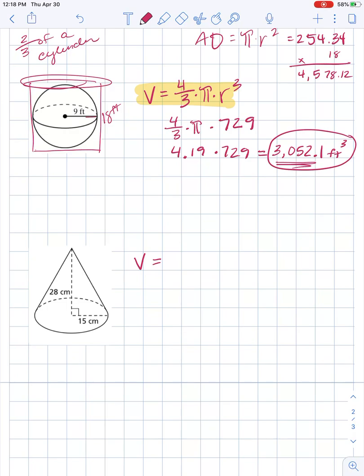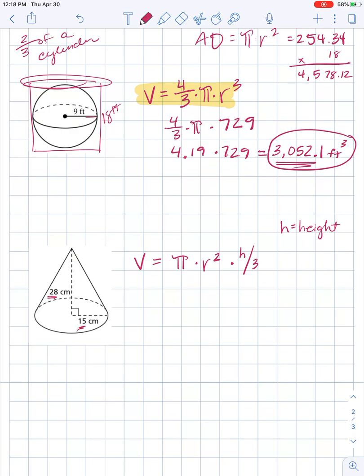Our volume of a cone is pi times the radius squared times the height divided by 3. I'll make you a little key: H is equal to the height. Over here, when we look at this cone, our height is 28 and our radius is 15.